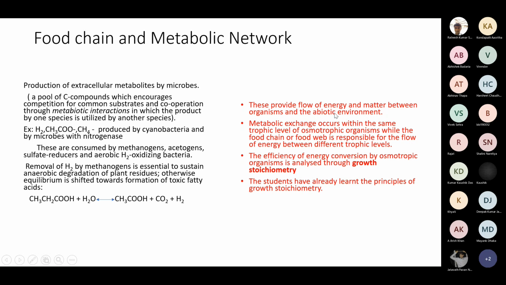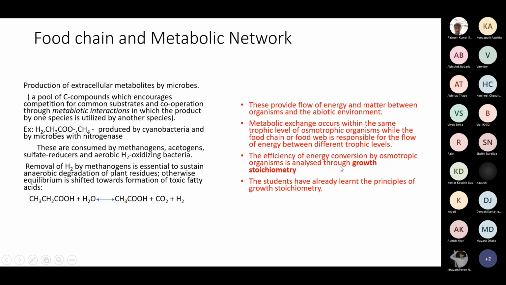Some features of such a food chain and metabolic network are that they provide flow of energy as well as matter between the organisms and also the abiotic environment. Metabolic exchange occurs within the same trophic level of osmotrophs, that is, the organisms which are exactly at the same trophic level. They could be at the primary consumer level. So there is a metabolic exchange which occurs, while the food chain or the food web is responsible for the flow of energy between different trophic levels.